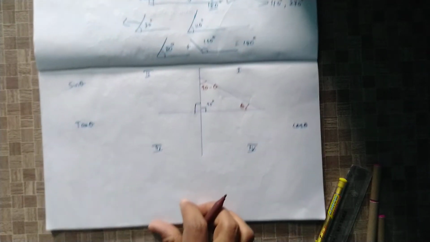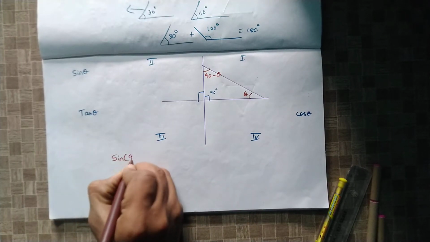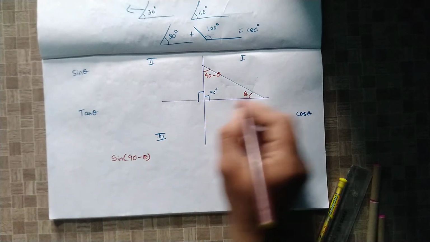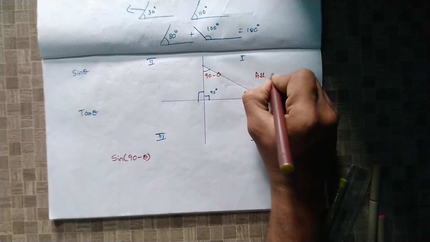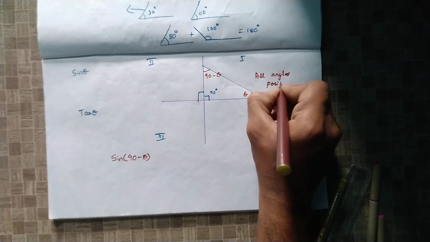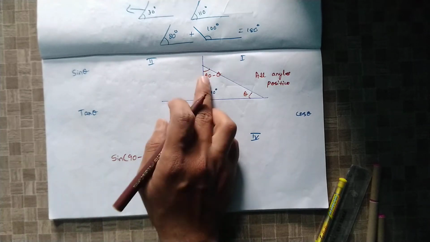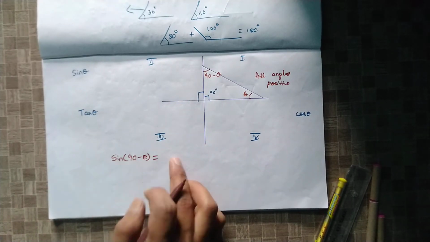Next, we compare all the trigonometric ratios like this. What is sine of 90 minus theta? Since all the angles are positive, sine of 90 minus theta, the angle will change to cos theta.